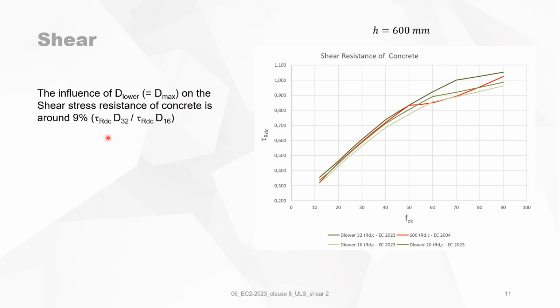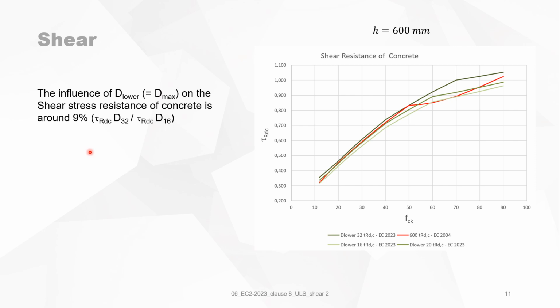If you now take the ratio of the shear stress capacity with d lower equals 32 millimeters and d lower equals 16 millimeters, so it's everything divided by the light green one, then you will see that you have a difference of 9%. Let's round it up to 10%.